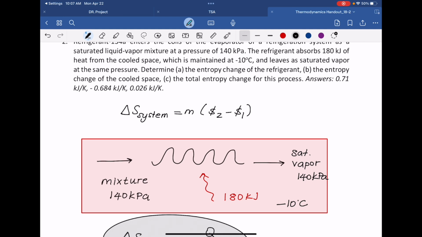In this case, the subsystems are our refrigerant and the cooled space, which is surrounding that. Therefore, if we want to find a total, we need to sum up all those entropy changes of individual systems, which are the refrigerant and the cooled space.